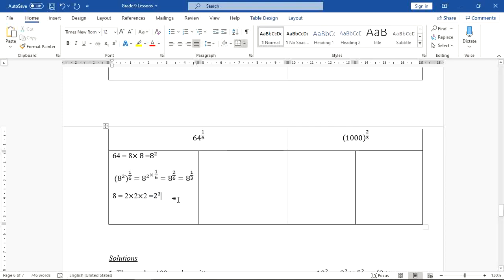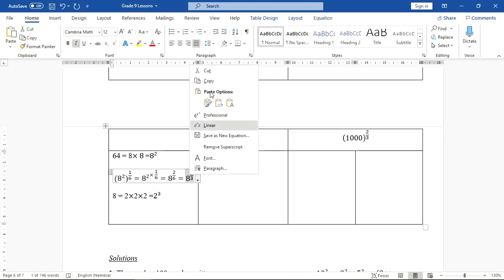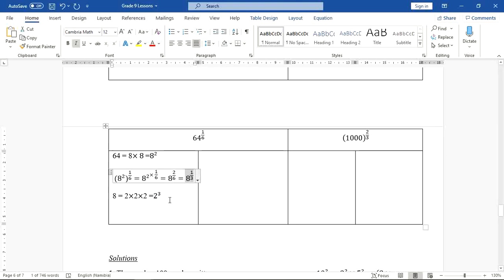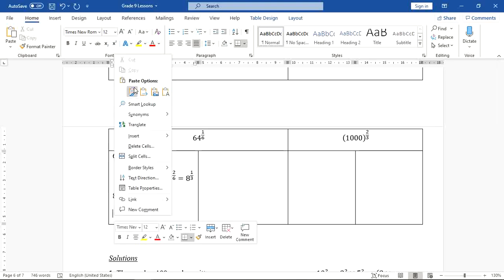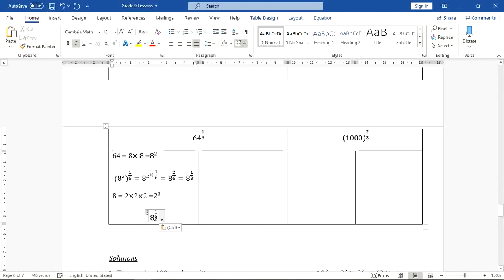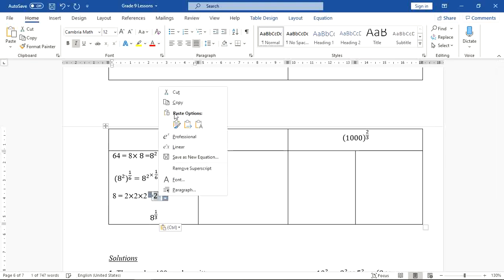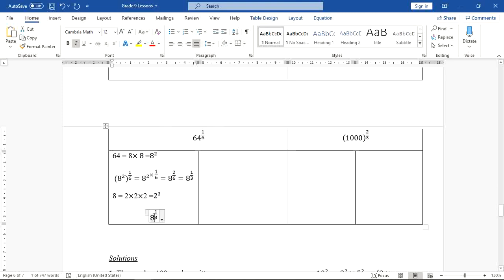Now instead of having 8 exponent 1 over 3, I copy this, bring it down here, and put it in the brackets.